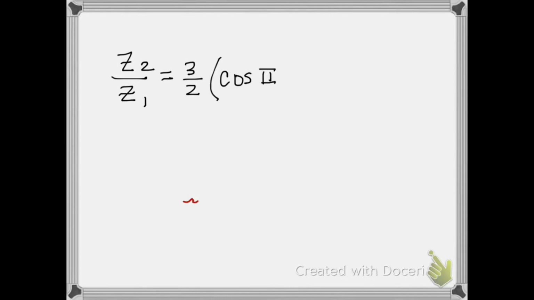Okay, one more thing here. There may be a correction back at Z2 when I did Z2 over Z1. You want to check, not Z squared, it's Z2 over Z1, and that would have been 3 over 2, and then it would have been cosine of pi over 12, and it seems that I might have done minus i sine of pi over 12, and if I did minus, that's incorrect.